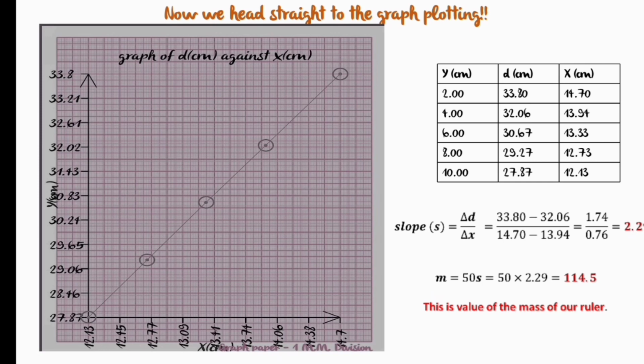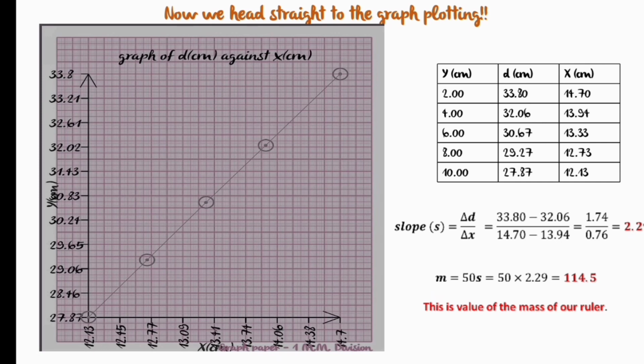Our vertical axis is D, and the horizontal axis is X, because we are plotting a graph of D against X. So choosing 2 values from our table of values, change in D, 33.8 minus 32.06, over change in X, which is 14.70 minus 13.94.